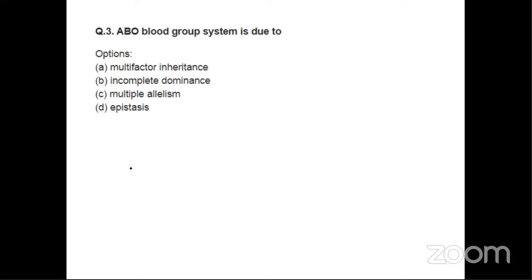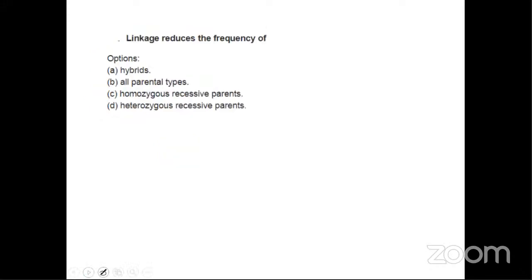Mahek, Krishna, correct answer. Good, good, everybody. Right? ABO blood group system. This is an example of multiple allelism. I gene and it has IA, IB, and i. These are the alleles. So multiple alleles are present. Right? So multiple alleles.